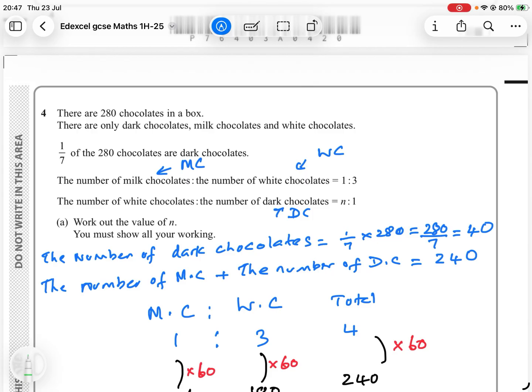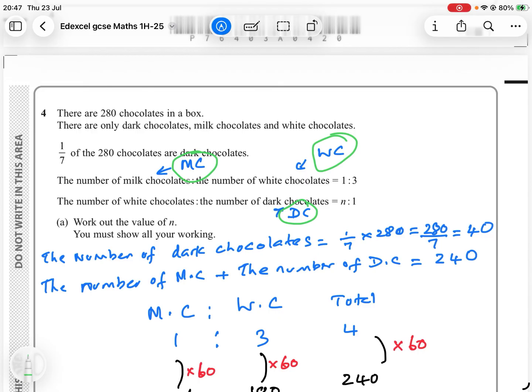The number of milk chocolates to the number of white chocolates is 1:3. The number of white chocolates to the number of dark chocolates is n:1. Now I am going to represent milk chocolate as MC, white chocolate as WC, and dark chocolate as DC.